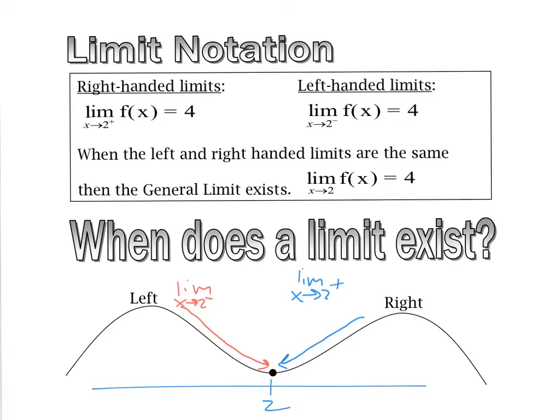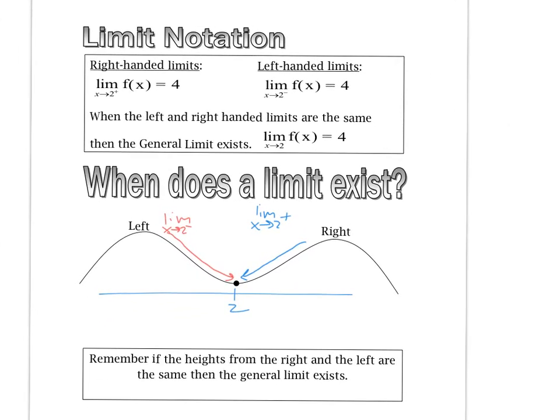Because we might have situations where maybe the graph looks something like this, and there's a hole, and then it starts up here and it goes. In that situation, the limit from the right is obviously not equal to the limit from the left. They don't meet at the same height, and so these two limits would not be equal to each other.